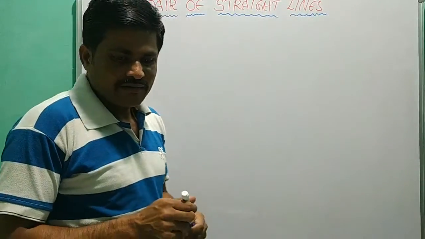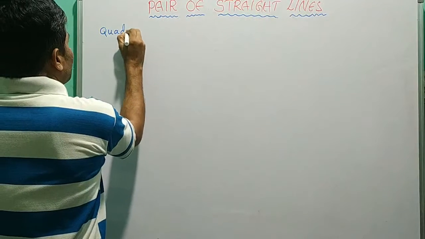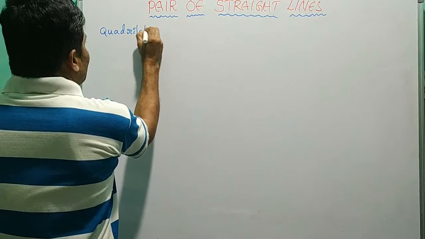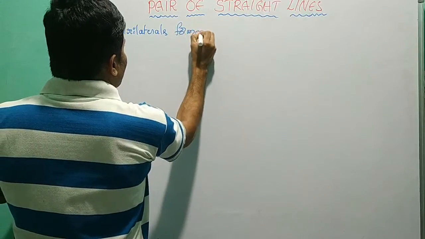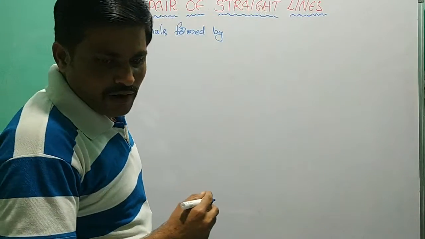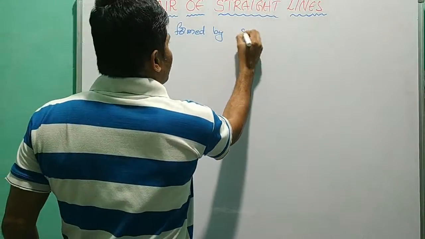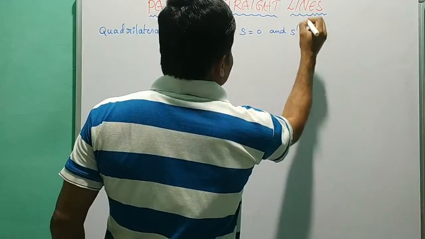So in that, quadrilaterals formed by two pairs of straight lines, that is S equal to 0 and S dash equal to 0.